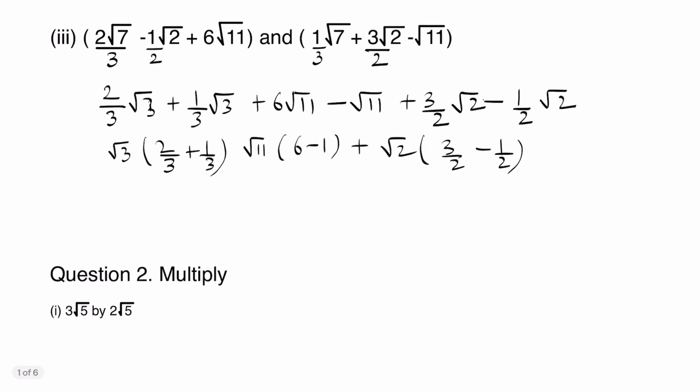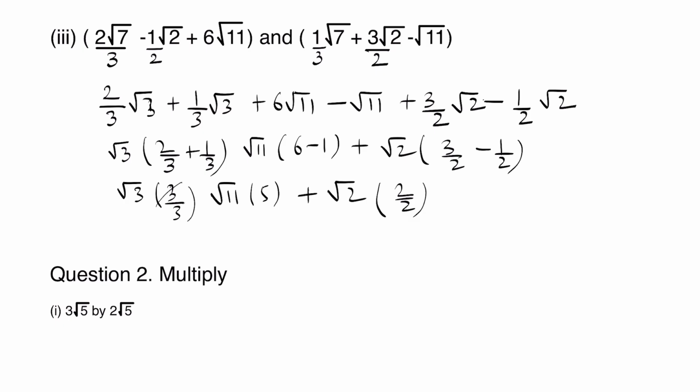So this will become 3 upon 3, which is 1, root 7 into 3 upon 3, and root 11 will be 5, and plus root 2 with 3 minus 1, which is 2 upon 2, so this will become 1. So the answer is root 7, plus 5 root 11, plus root 2.